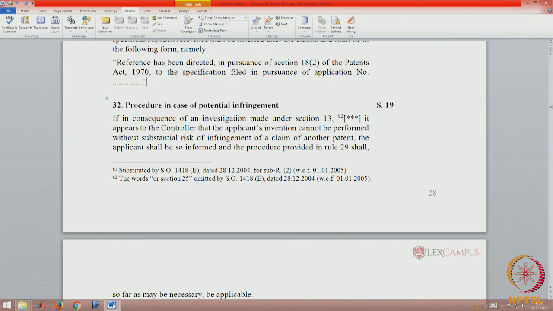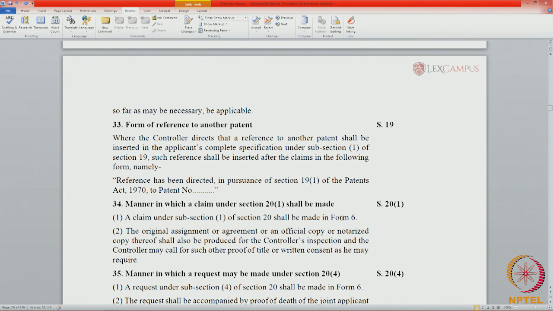Just what we saw under Rule 29, the applicant shall be informed and the procedure in Rule 29 will follow. Now, how is the form of reference to be made?